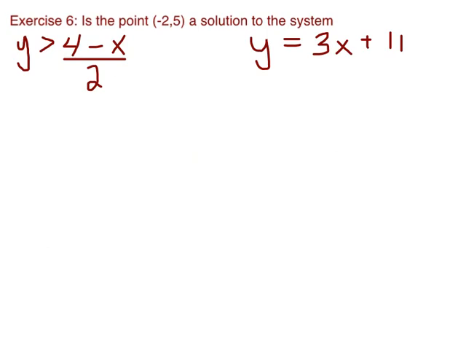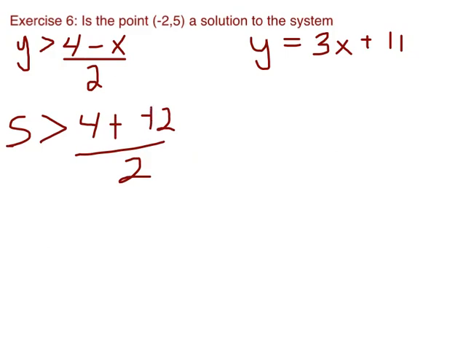Exercise 6: is the point (negative 2, 5) a solution to this system? So I'm going to have 5 is greater than 4 minus negative 2 divided by 2. Make sure you change that to a plus. 4 plus 2 is 6. 6 divided by 2 is 3. Is 5 greater than 3? Yes, that is true.